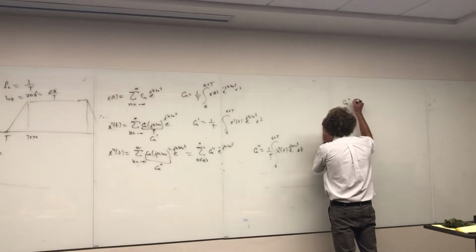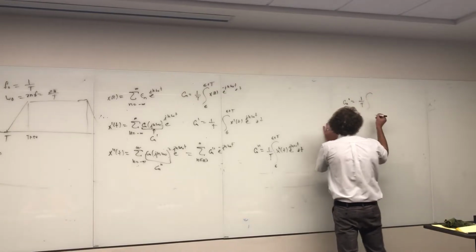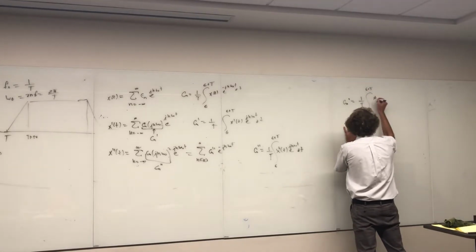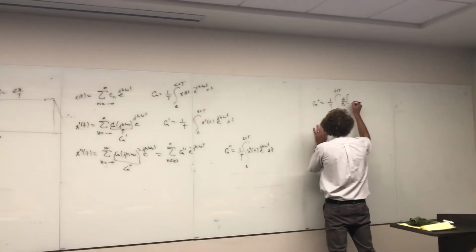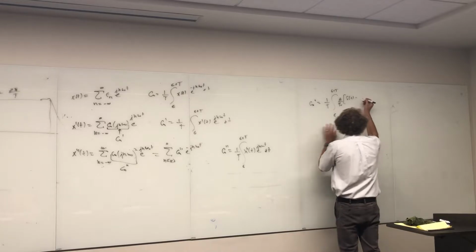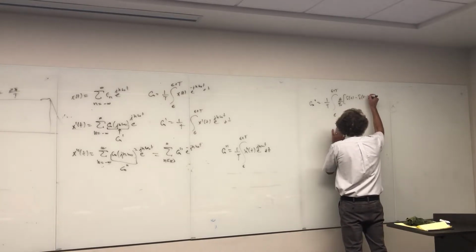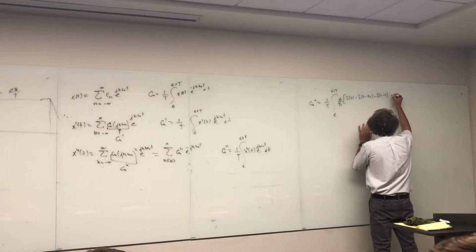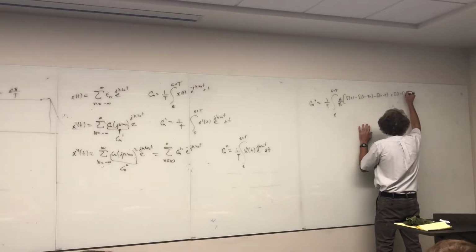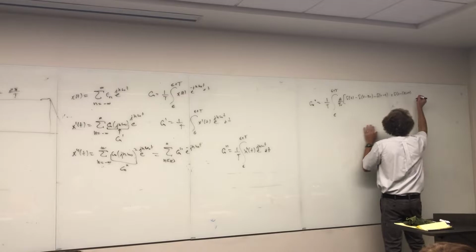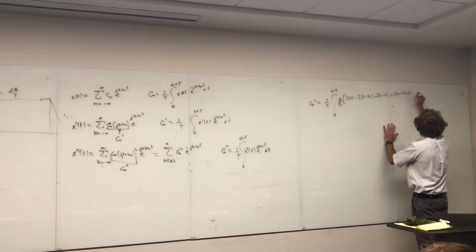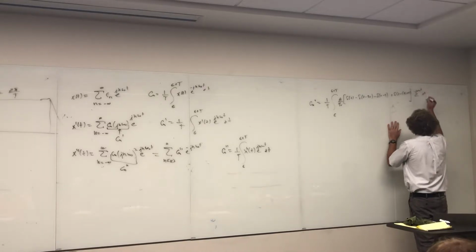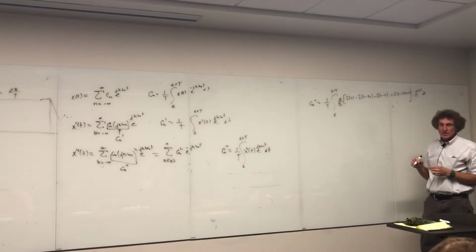All right, cn double prime is equal to 1 over T times the integral from epsilon to epsilon plus capital T of, well, it's going to be A over tau rise, then delta of t, then minus delta of t minus tau rise, then minus delta of t minus tau, then plus delta of t minus the quantity tau rise plus tau, times e to the minus j n omega naught t dt. You can see I'm just putting in what the actual derivative is, right?